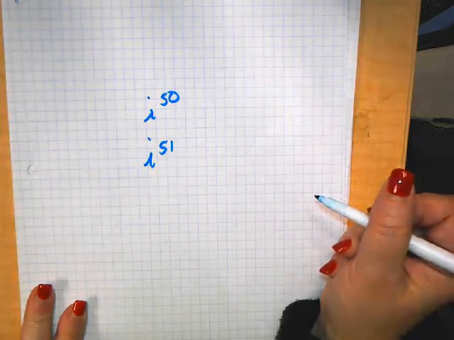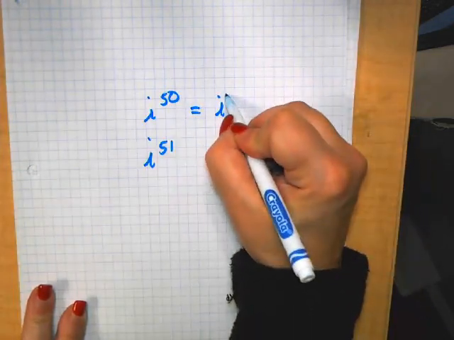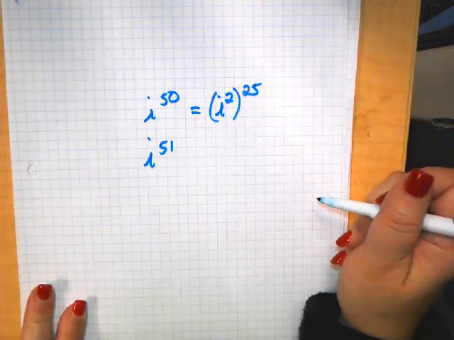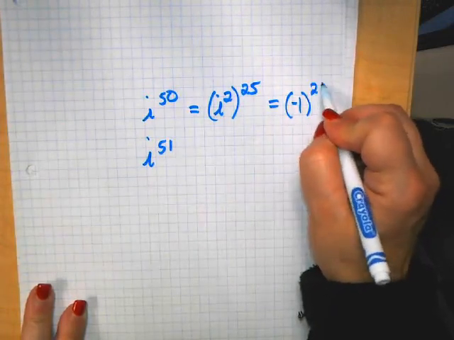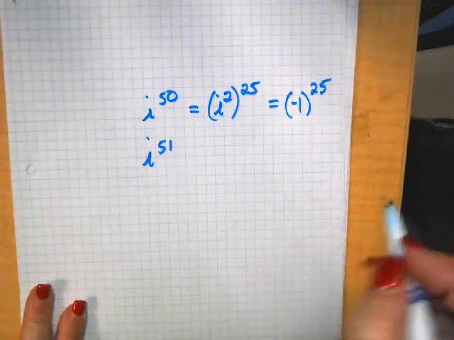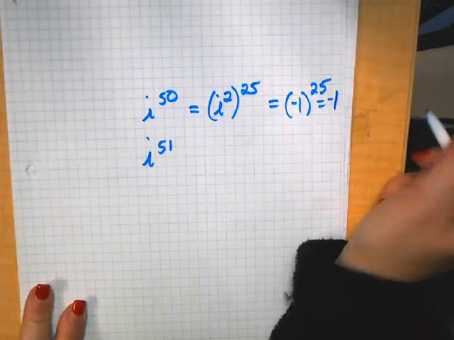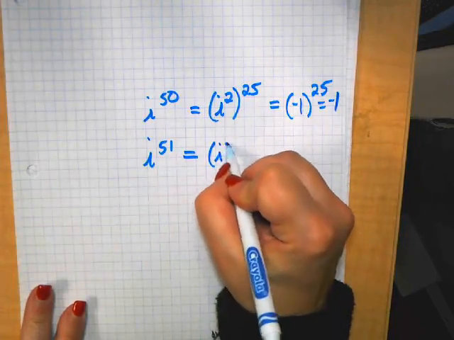i to the 50th has 25 pairs of i's in it. That means that I am raising -1 to the power of 25. That means my answer is definitely -1. i to the 51st also has 25 pairs, but it has an extra.